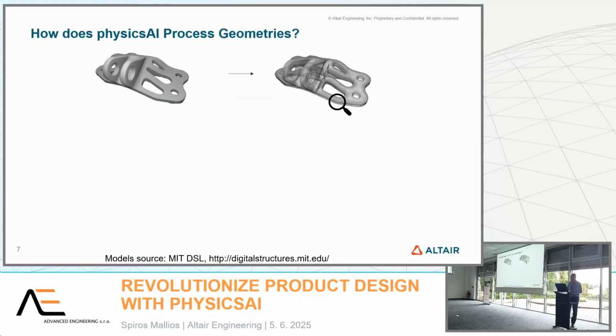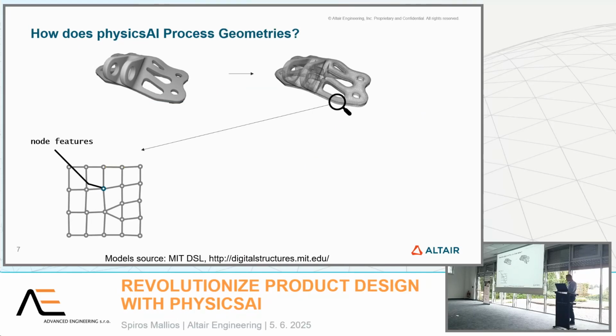So how does PhysicsAI process the geometries? Basically, it just reads information about the nodes. It's our intellectual property. There are a variety of codes implemented to do this as efficiently as possible. But what we do in the end is we try to interpret what the change in the geometry is and what this change translates to in whatever results you have.